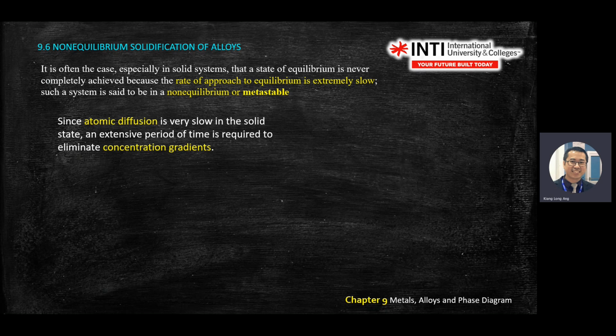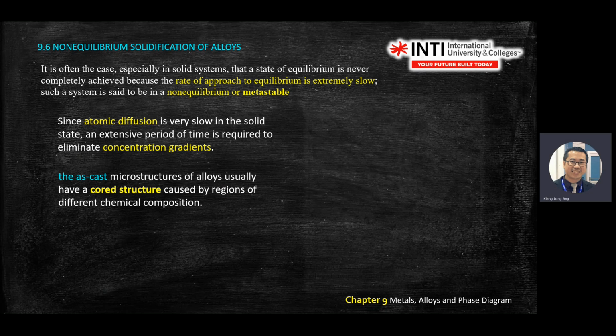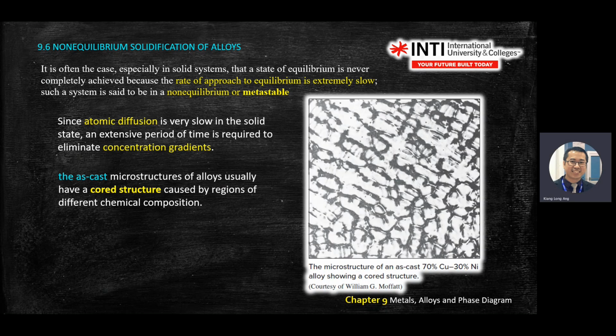In non-equilibrium, the atomic diffusion is very, very small, so an extensive period of time is required to eliminate the concentration gradient. For example, when you see something like this under the microscope, like a mountain in a satellite image, then very high chances this is under non-equilibrium.